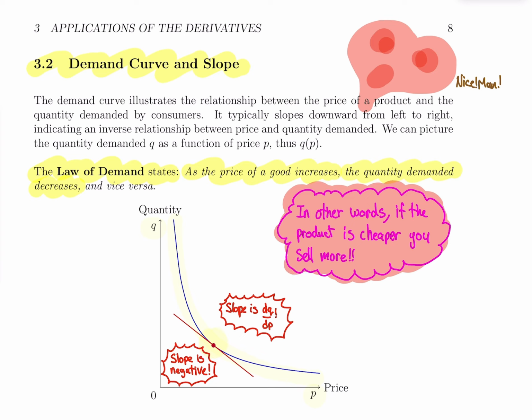So when you illustrate the relationship between those two quantities with a graph, typically you get the following curve. If we use P as the independent variable and Q as the dependent variable, so on the X and Y axis respectively, the graph that links those two quantities will typically look like a decreasing function, which I have in blue here.